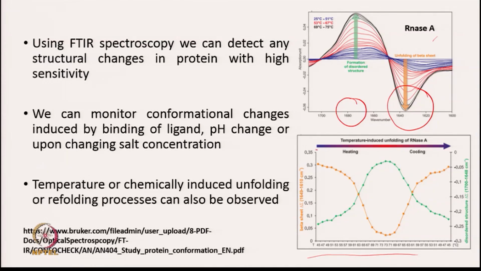So, initially there is heating, till this point, going from 45 to 73 degrees, and then the sample is cooled.